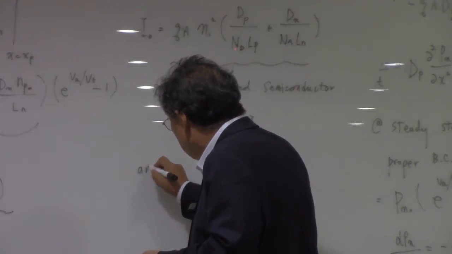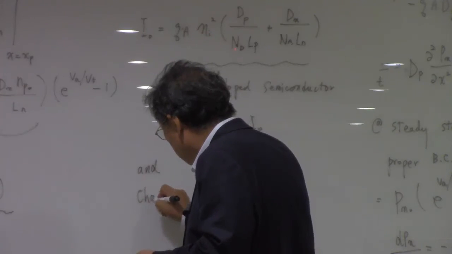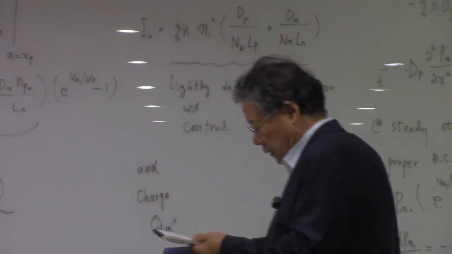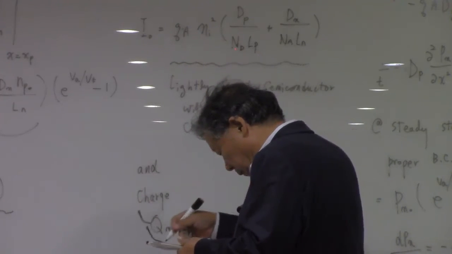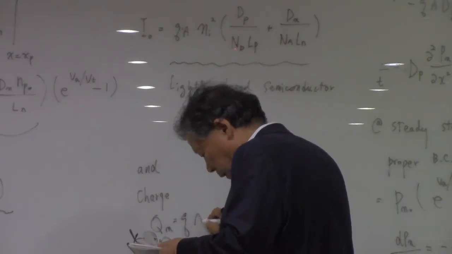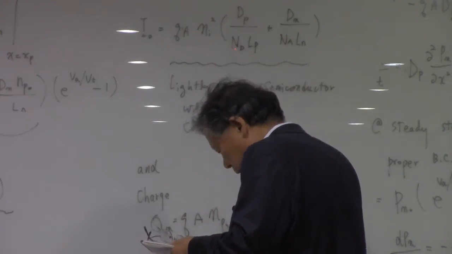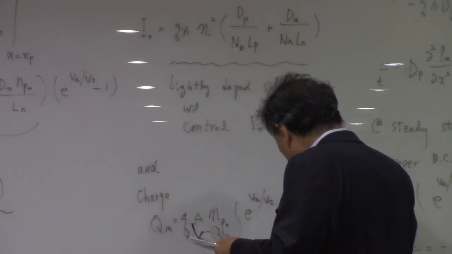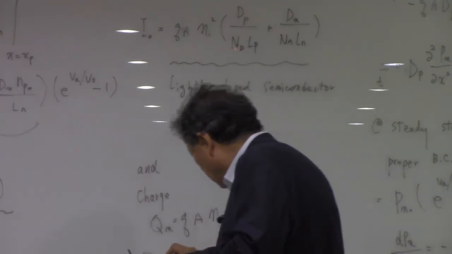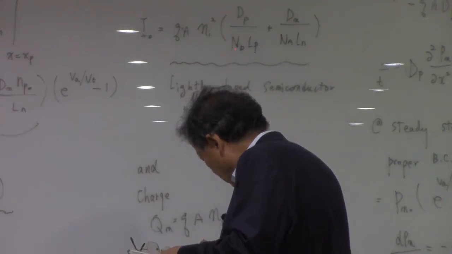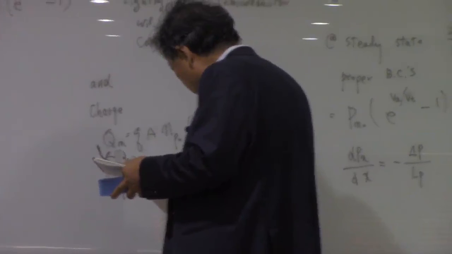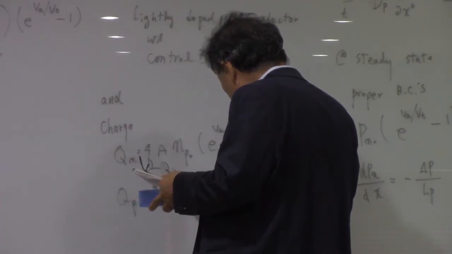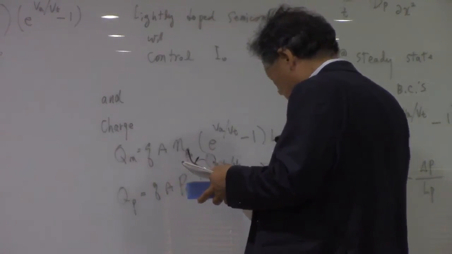And the charge Qn is going to be QA Np naught (e to the VA over VT minus 1) Ln, and Qp is QA Pn naught (e to the VA over VT minus 1) Lp.